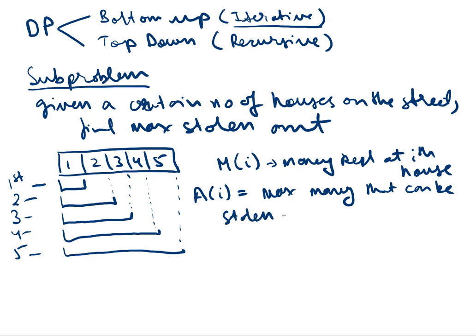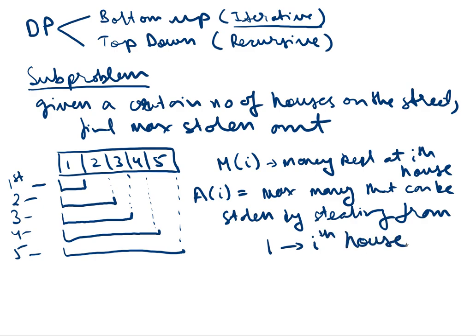excuse me for my bad writing, by stealing from first house till ith house. So mi is something given to you, ai is something which you have to find out.